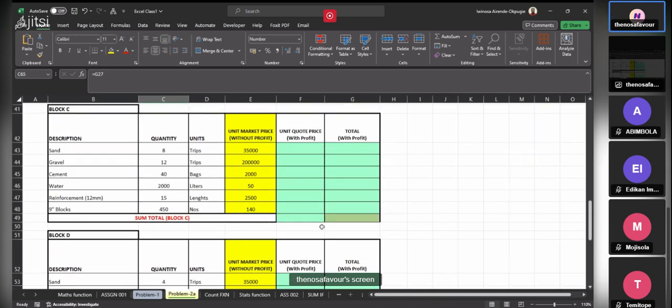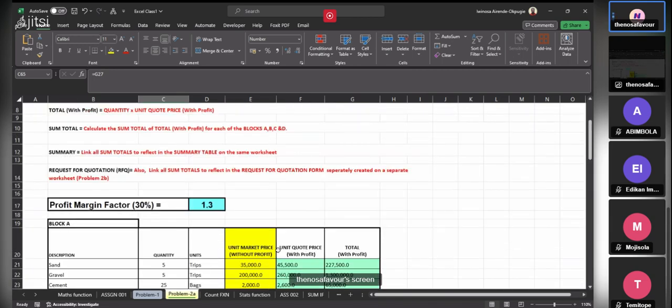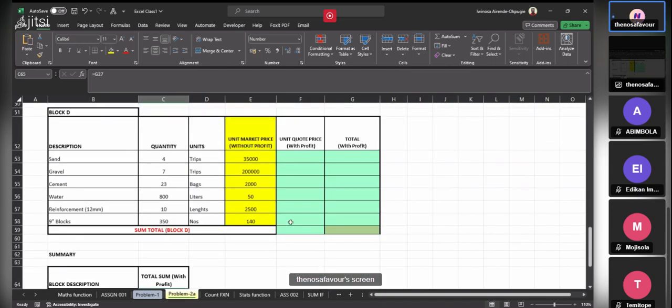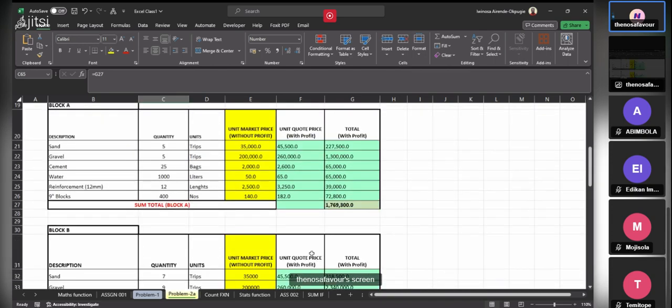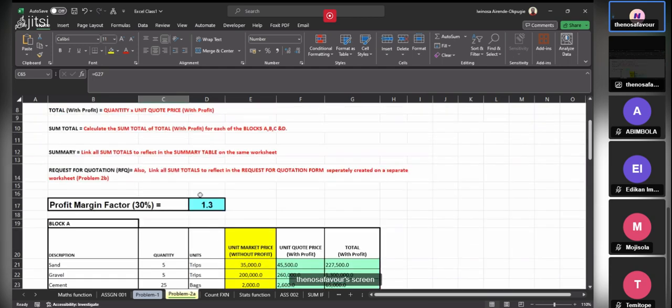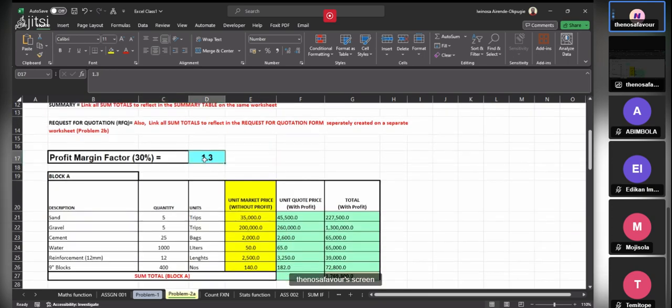Now, at any point, if we want to make changes, for example if our profit margin factor has changed and I decide to change this to 1.8 and press enter, you notice that everything here has changed based on this new profit margin.